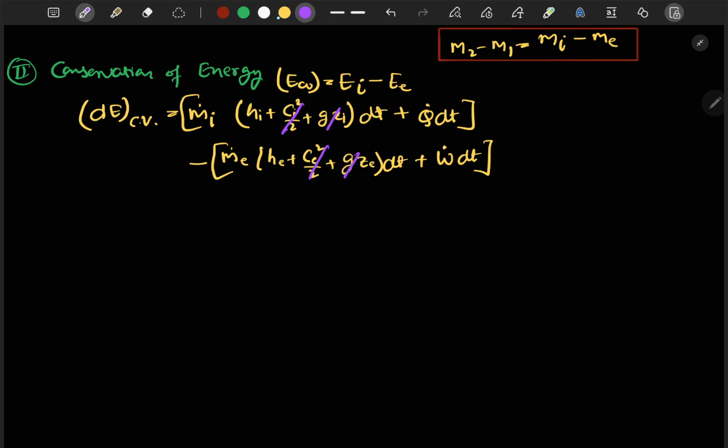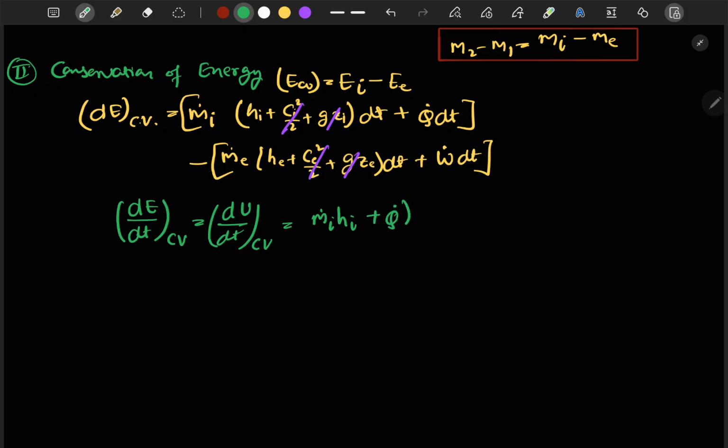So we will get dE by dt for the CV, the rate of energy accumulation in the CV, equal to dU by dt for the CV, and that comes out to be m dot i h_i plus Q dot minus m dot e h_e plus W dot.